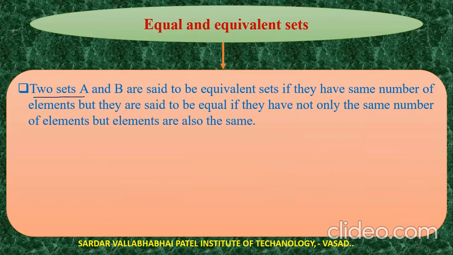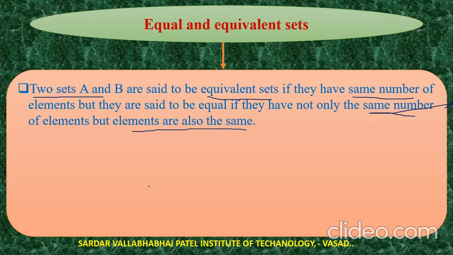Suppose two sets A and B are said to be equivalent sets if they have the same number of elements, but they are said to be equal if they have not only the same number, but the elements are also the same.